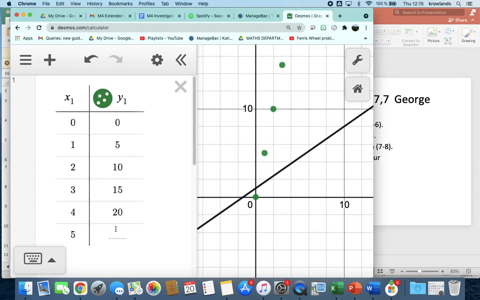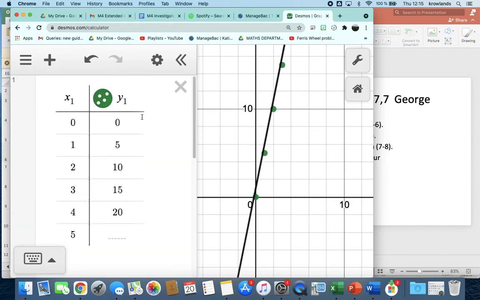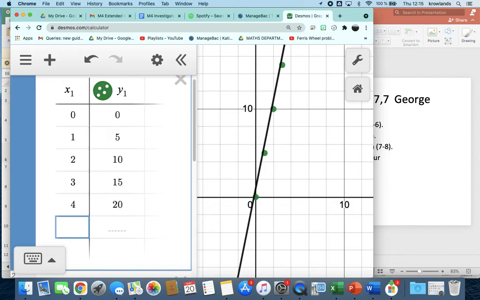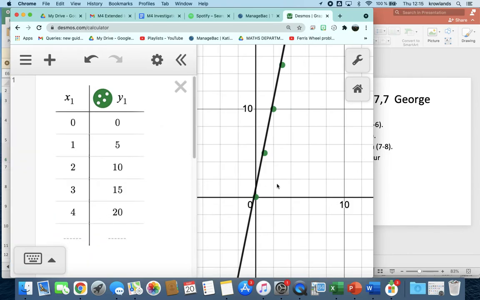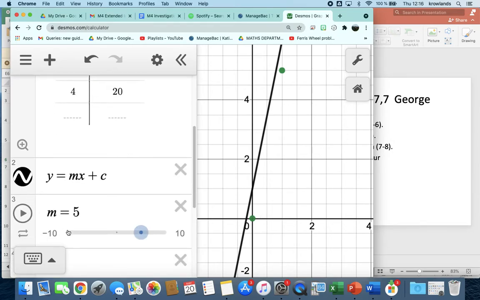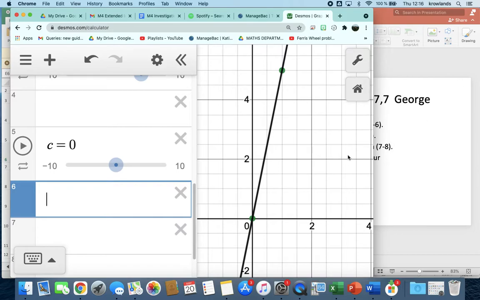If we move this m here to 10, or let's move it to 5, let's see if this is working. We're going to zoom in a little bit. Now, you can see there's an issue with this because our straight line doesn't match up with these green dots. So let's change c to 0. Now, this is what we're looking for.